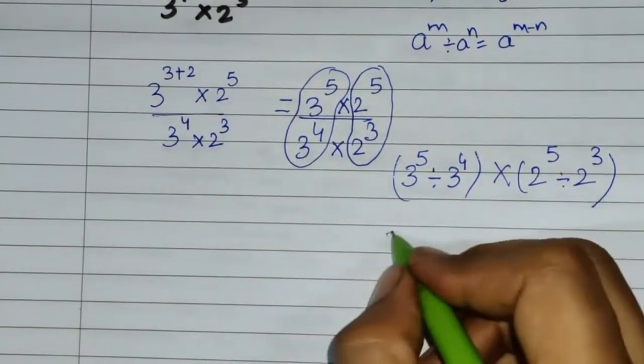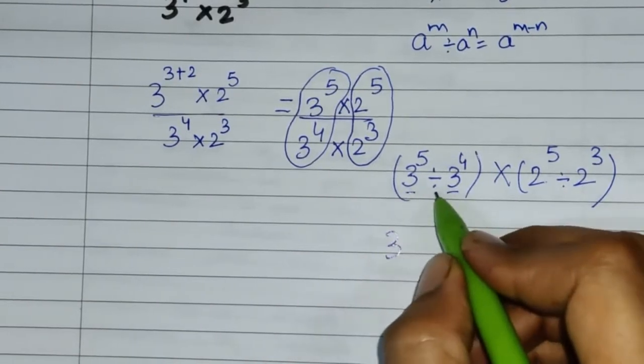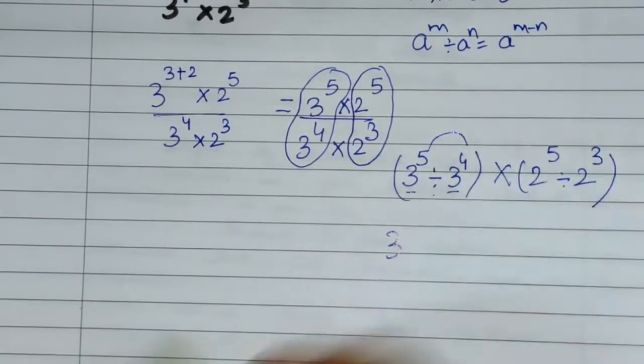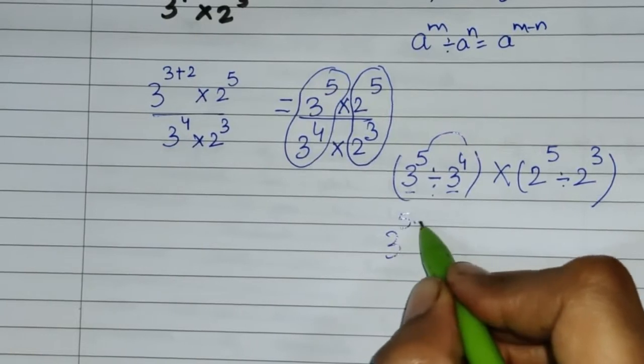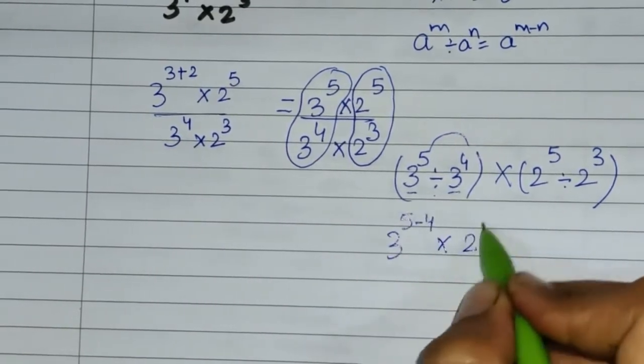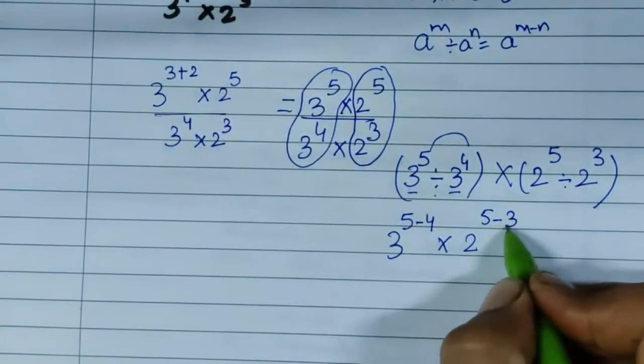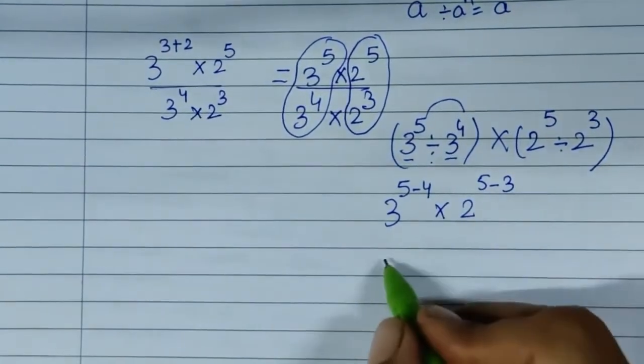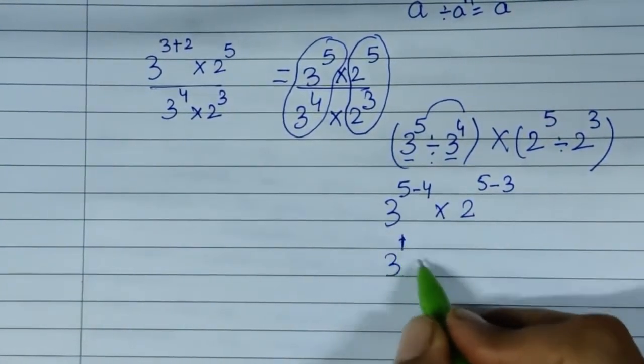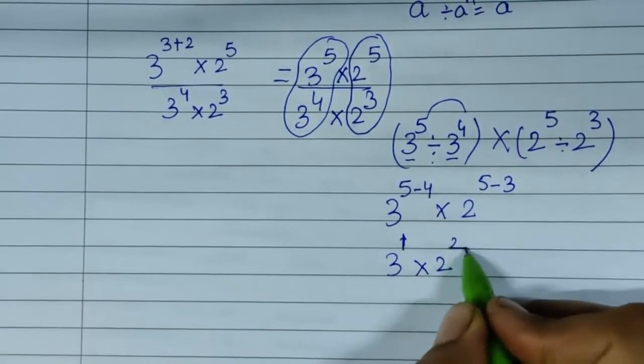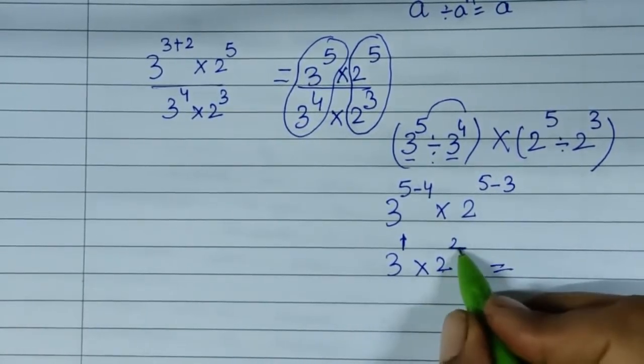So base is same in division, powers get subtracted. 5 minus 4, same here, powers get subtracted. So what we get? We get 1, then we get 2. So 2 into 2, 4.